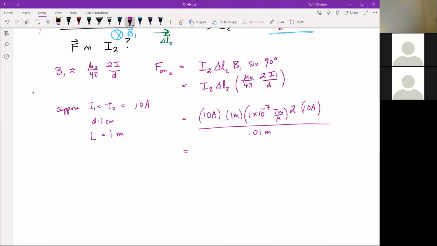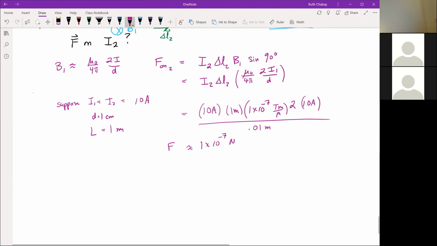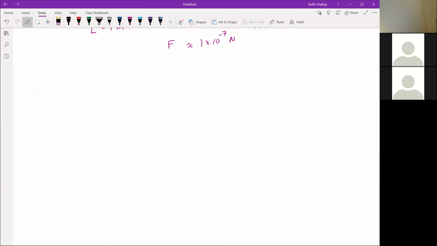Something like, okay, 10 times 100, that cancels, something like 1 times 10 to the minus 7 newtons, actually. Which is why he had to use a big magnetic field and a big magnet in that video to get a force.